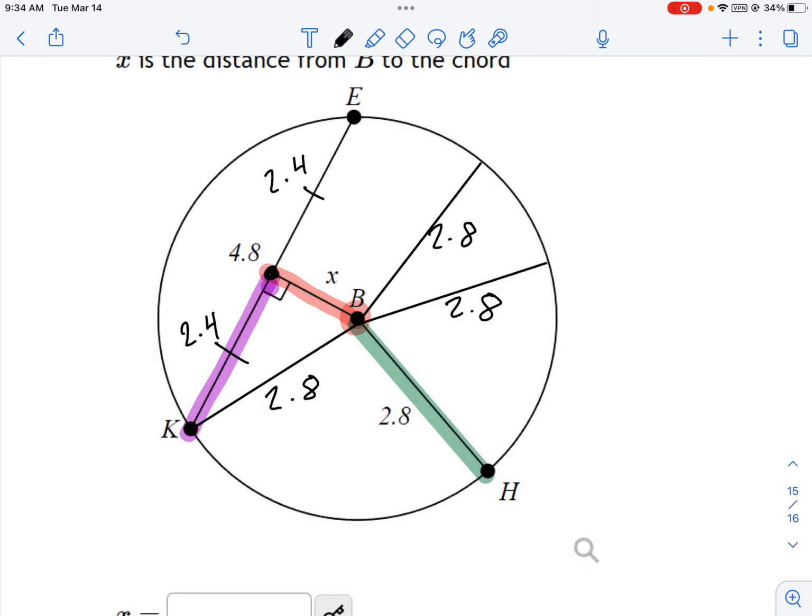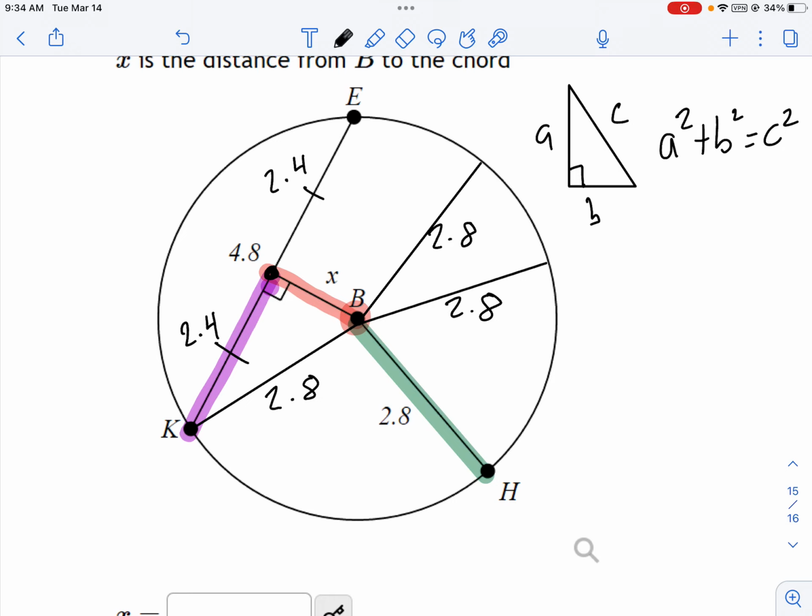Now, the reason why we want to do that is because now, what does that form? A right triangle. Right triangles are the bread and butter of these problems. So if we have a right triangle, remember for any right triangle with legs a and b and hypotenuse c, you have the Pythagorean theorem, where leg squared plus leg squared equals hypotenuse squared.